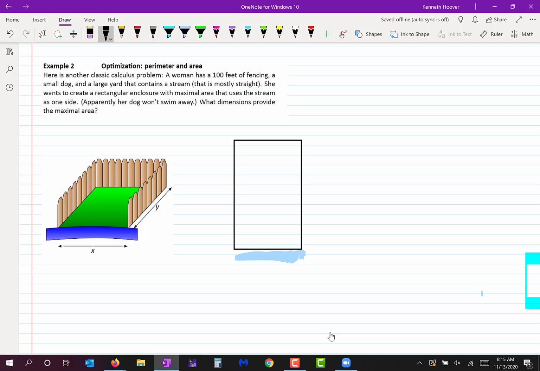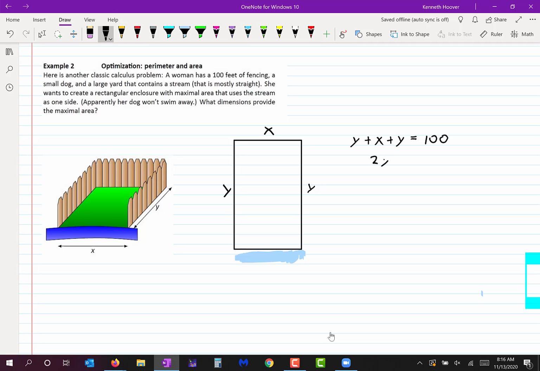Okay, so all we have to do this time is build fencing on this side, and this side, and this side. So this time the only difference is instead of x plus y plus x plus y equals 100, this time we only have y plus x plus y equals 100.